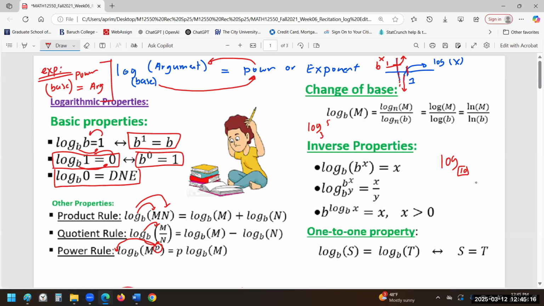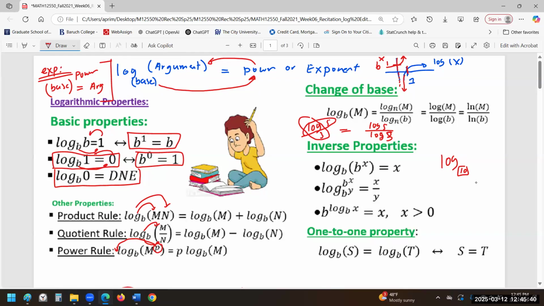In order to convert this into base 10, all you have to do is take the log of the argument and divide by the log of the base. Okay? So if you do that, now the base for the log is 10 for both of them, and now we can put it in the calculator and get an answer.